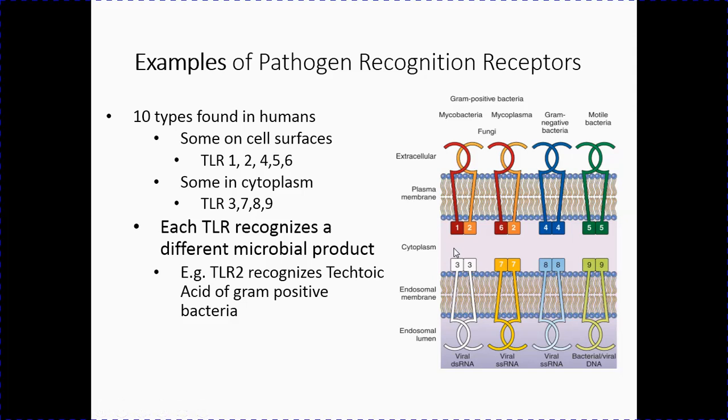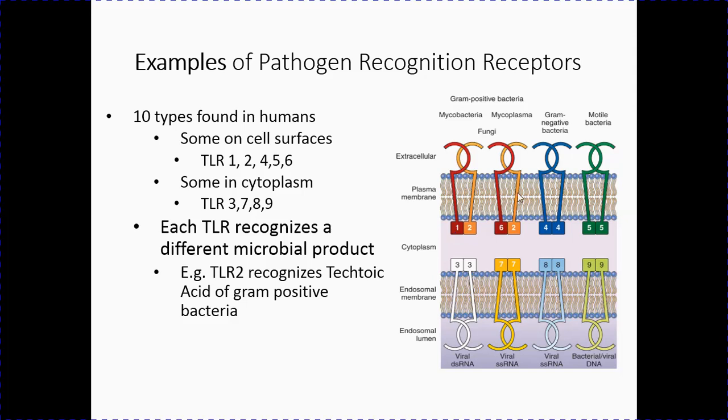So the blue is the phagocytic cell, and so the toll-like receptors, and they're not going to be all on the same cell, but there are going to be toll-like receptors on the surface of the phagocyte and some inside. Toll-like receptor number 1, we decided, was looking for lipopeptides of mycobacteria.